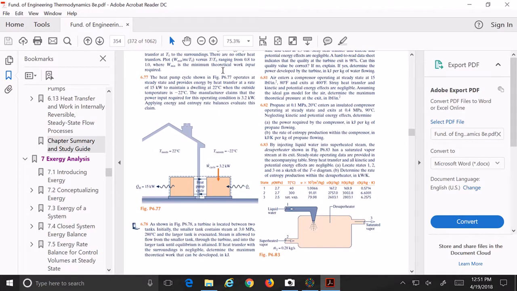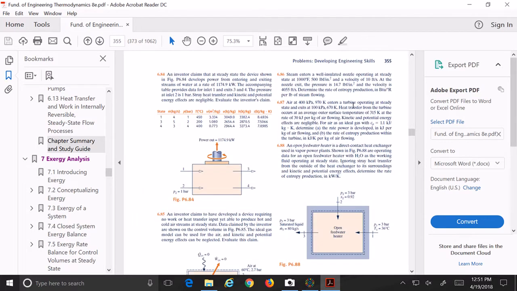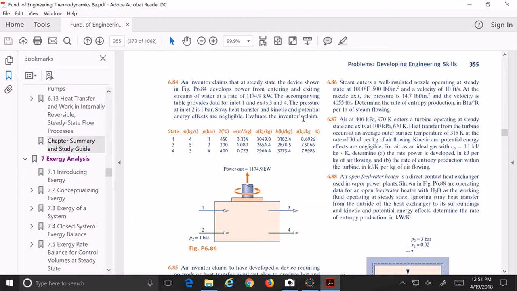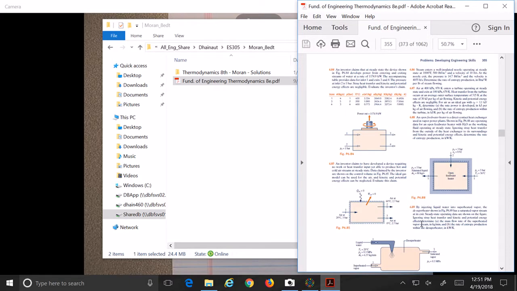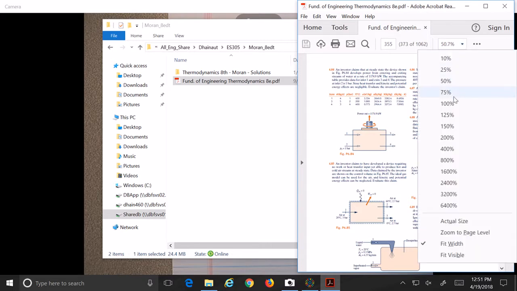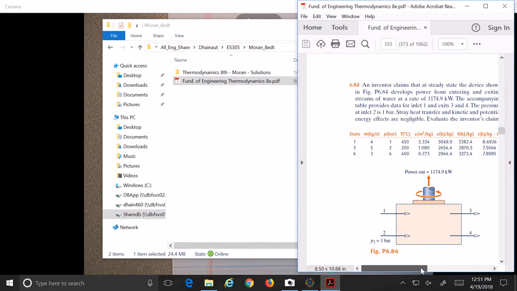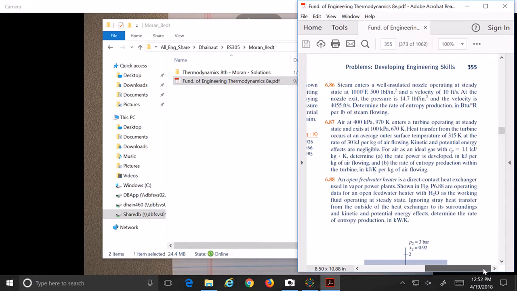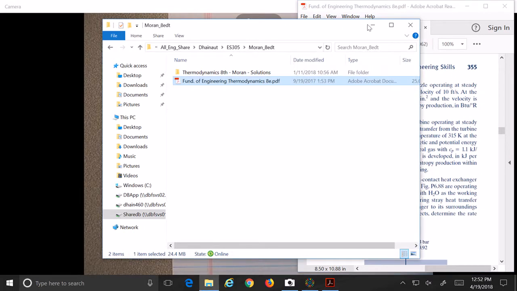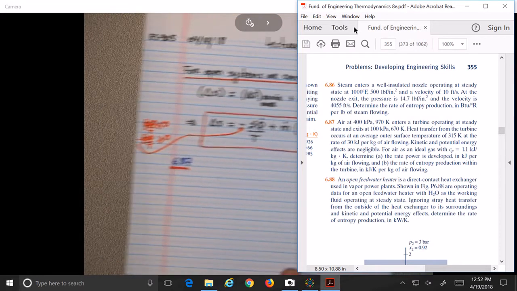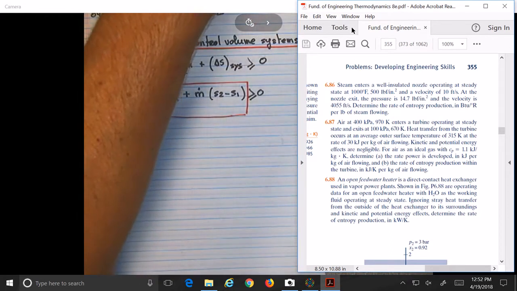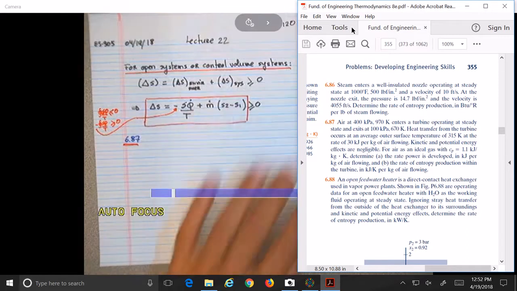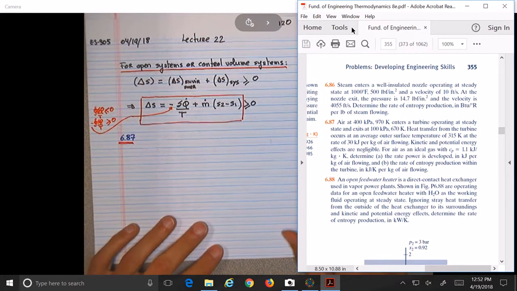All right, here it is. I think I might have to zoom out a little bit. So problem 687.